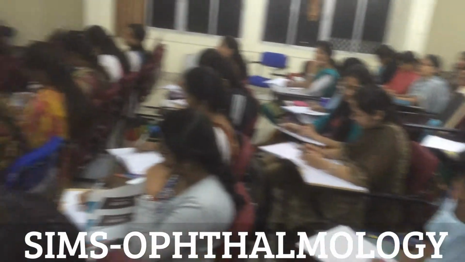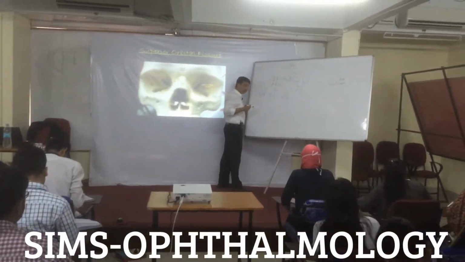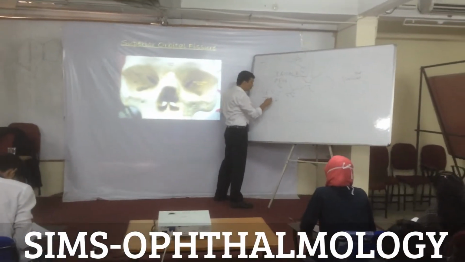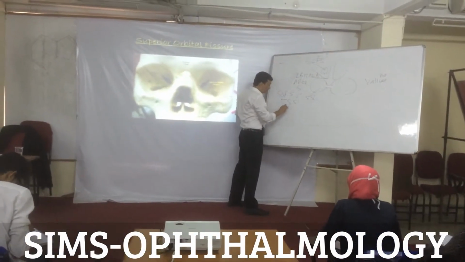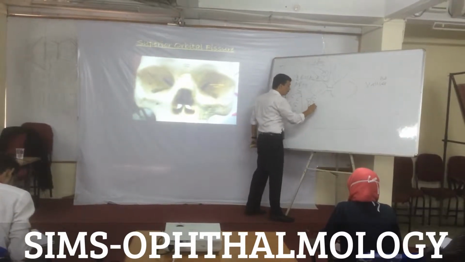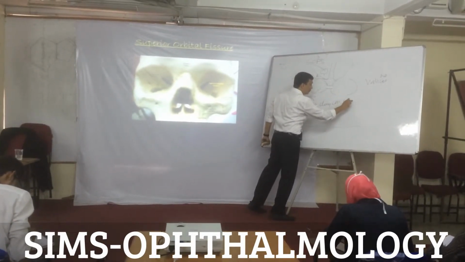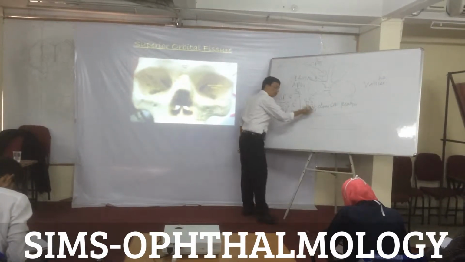So again, how to clinically distinguish between them? Because all present with proptosis, chemosis, and ocular movement paralysis, since the same structures pass through.